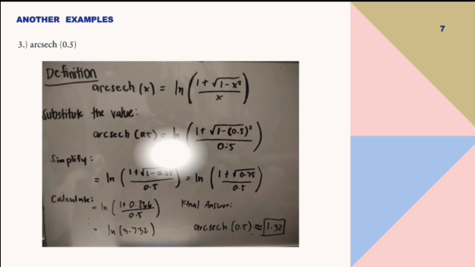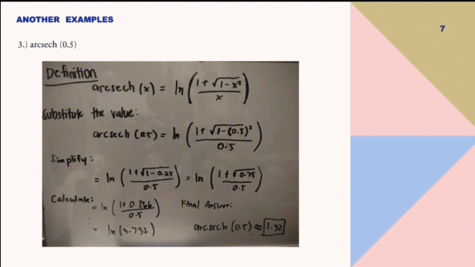The third example is arcsech, where 0.5 is the x value. Then substitute the value: arcsech 0.5 equals ln((1 + square root of 1 minus 0.5 squared)/0.5). To simplify, ln((1 + square root of 1 minus 0.25)/0.5) equals ln((1 + square root of 0.75)/0.5).